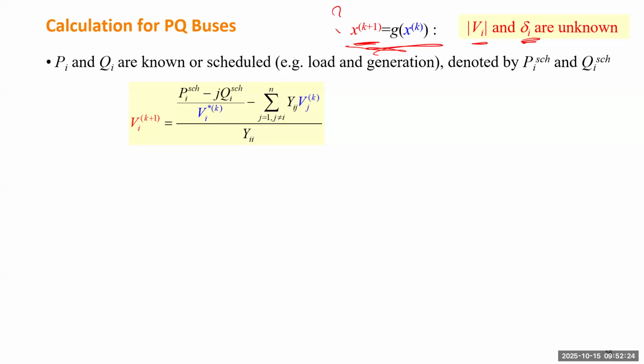If there's a bus which has a generation, for example, the generation doesn't change the voltage, but it will provide the real power and also reactive power at constant power factor. So they can also be considered as PQ buses. So here we just take P as the scheduled value. This scheduled value will be determined in the next section when we talk about generation dispatch.